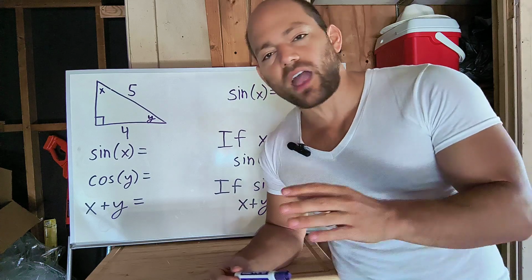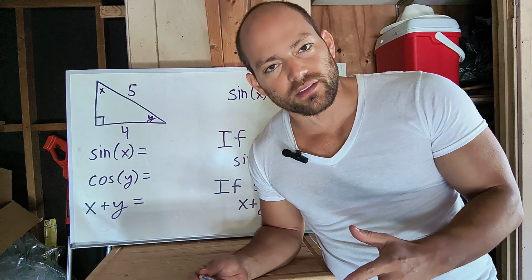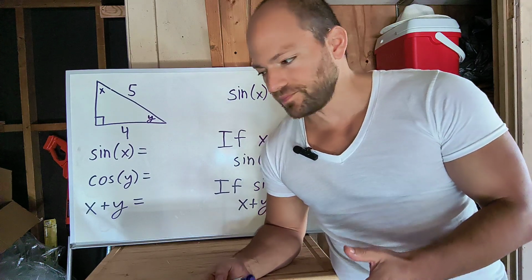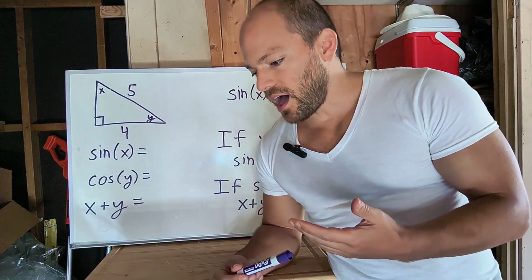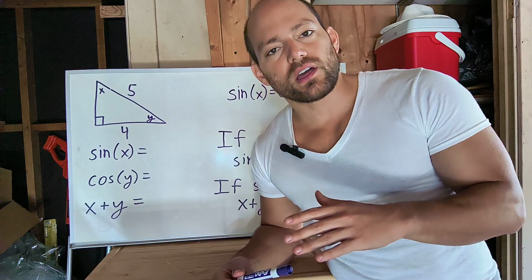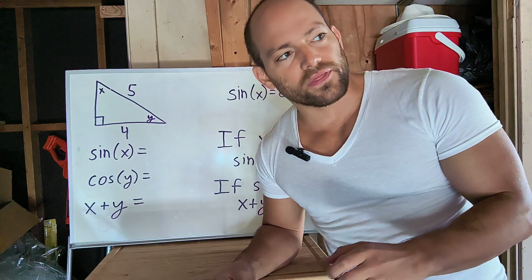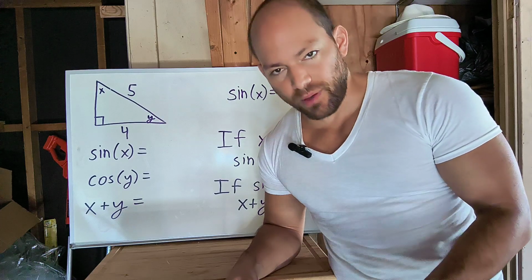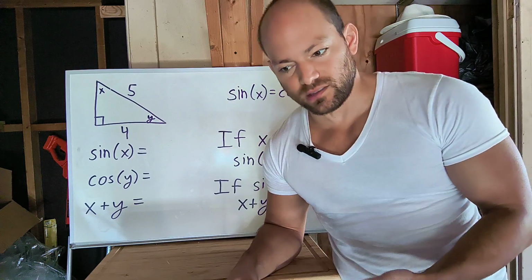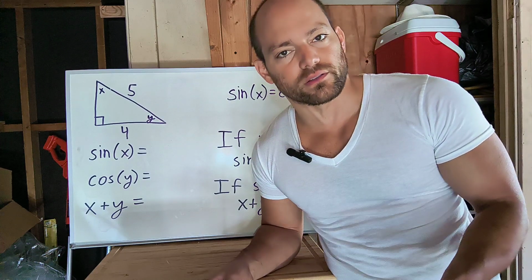Really, it's kind of a trig thing. It's a sine cosine question. Now, most sine cosine questions can be handled pretty swiftly with SOHCAHTOA, right? Sine is opposite over hypotenuse, cosine is adjacent over hypotenuse, tangent, so on.